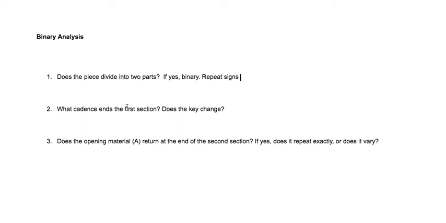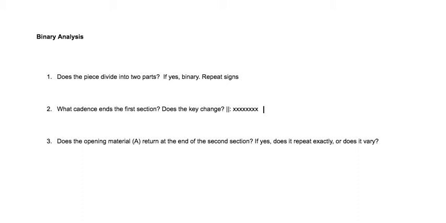And the second question deals with the tonal aspect of a binary piece. So the second question is, what cadence ends the first section? Does the key change? So if we look at a piece that's in binary, that means we're probably seeing something like this.